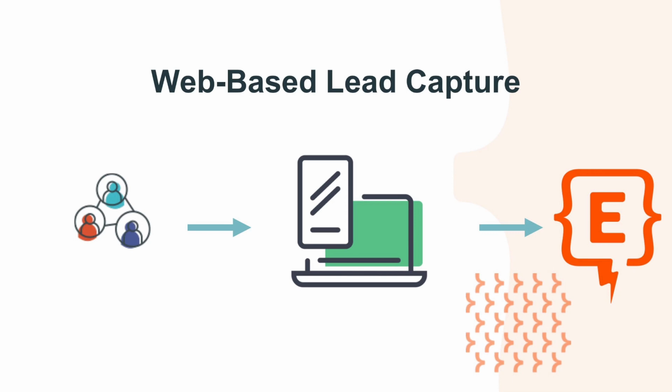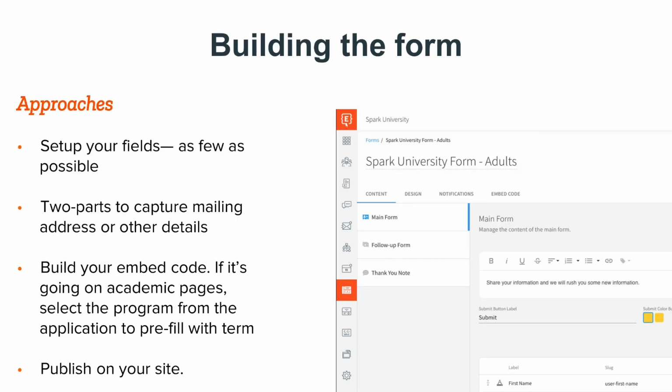So if you want to have high conversion, have fewer fields, all right? 3, 4, 5 fields at the first inquiry point is really important to have that really short. And if you want to capture additional details, add the two-part form.